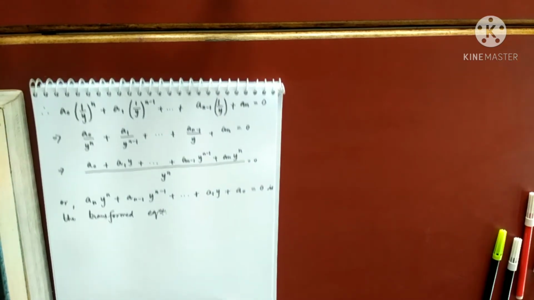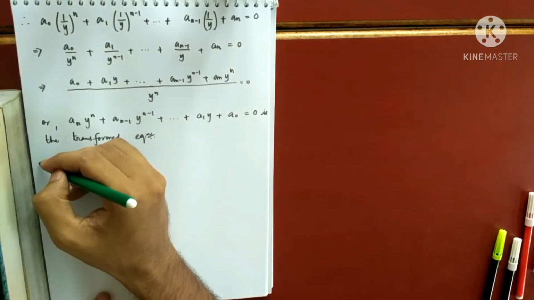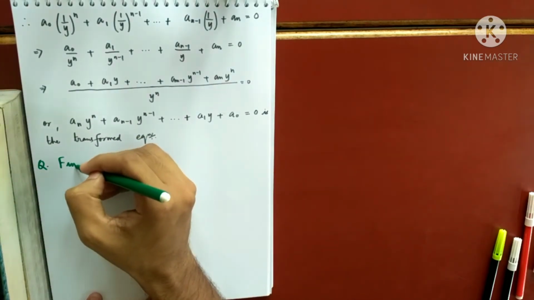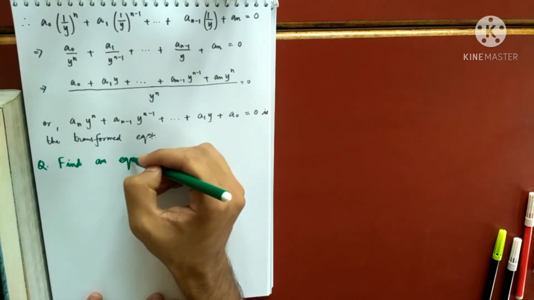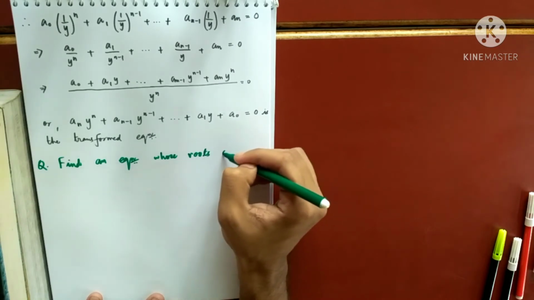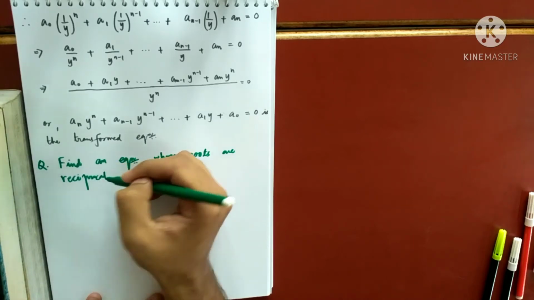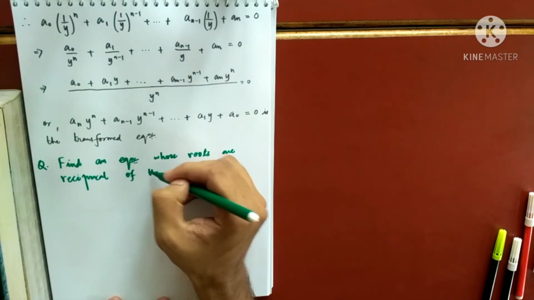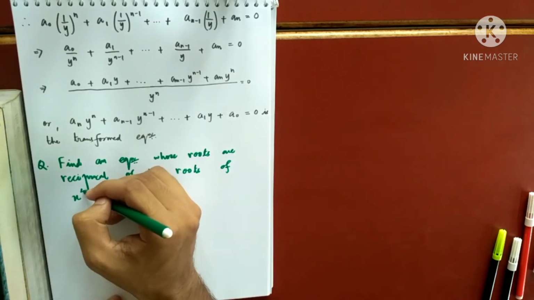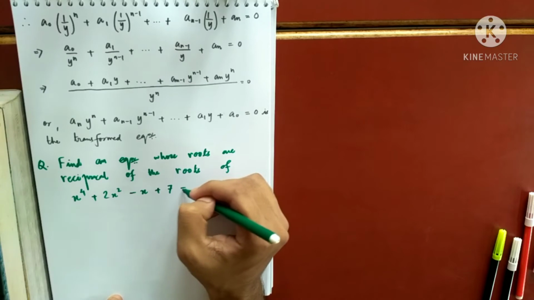So suppose I ask you a question: find an equation whose roots are reciprocal of the roots of x to the power 4 plus 2x square minus x plus 7 equals 0.